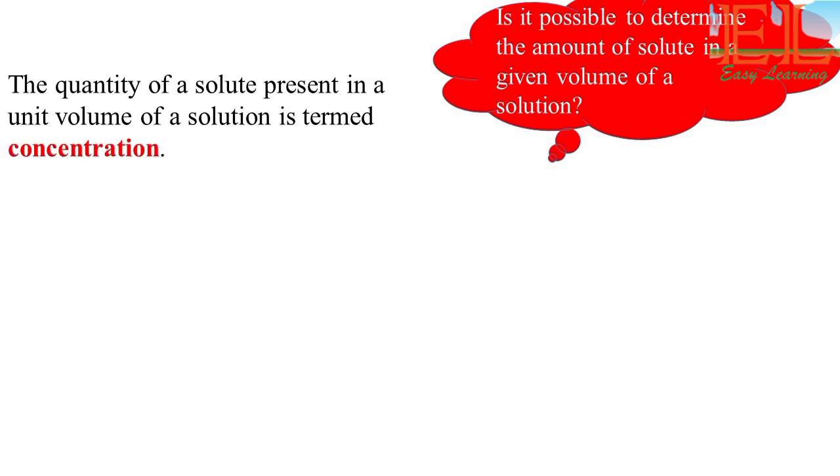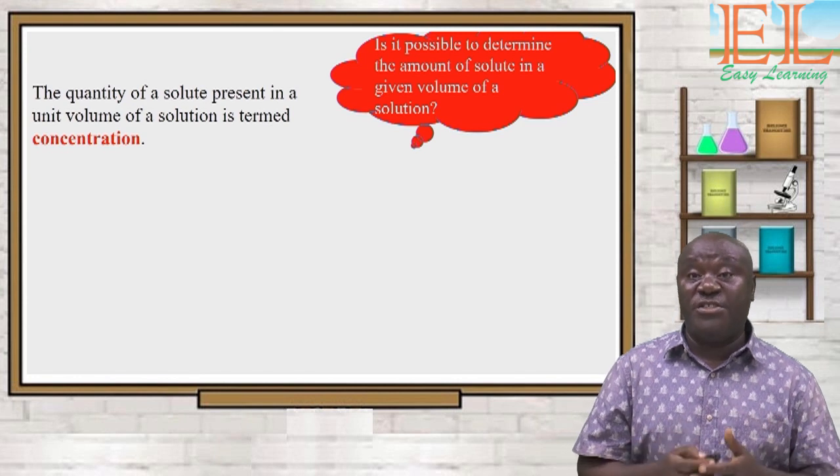Now, is it possible to determine the amount of solute in a given volume of solution? The answer is yes. The quantity of a solute present in a unit volume of solution is termed as concentration.